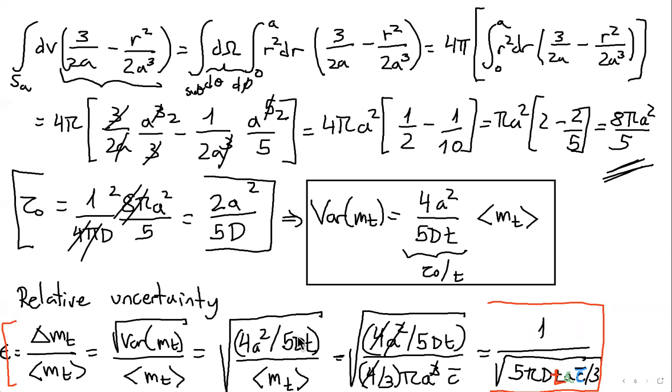Just to compare with the previous model: in the previous lecture I said that with a simple estimate I was getting this. The relative uncertainty was 1 over, if you go back to the notes you will see, 1.6 T D C bar a. This was my simple estimate the other day. Today I'm getting delta C over C bar.